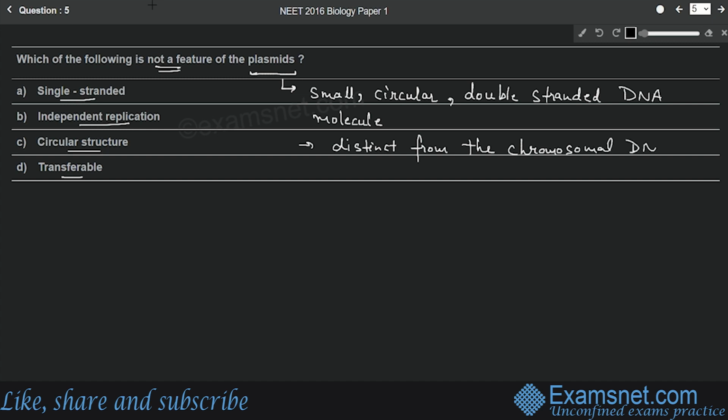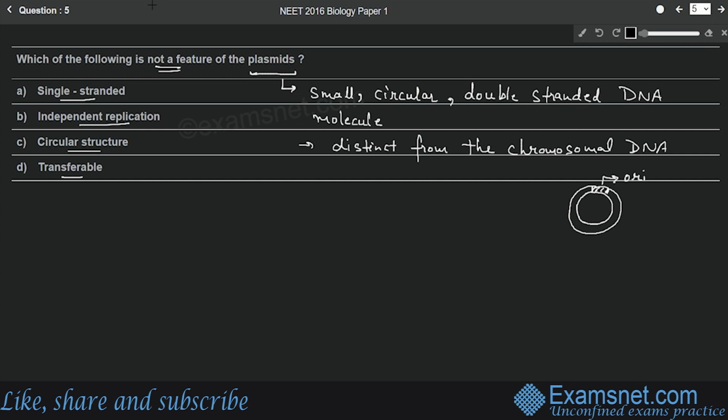So these are extra chromosomal DNA. And they look something like this, circular and double stranded. And they have a small stretch of DNA that is known as origin of replication, or ORI in short.